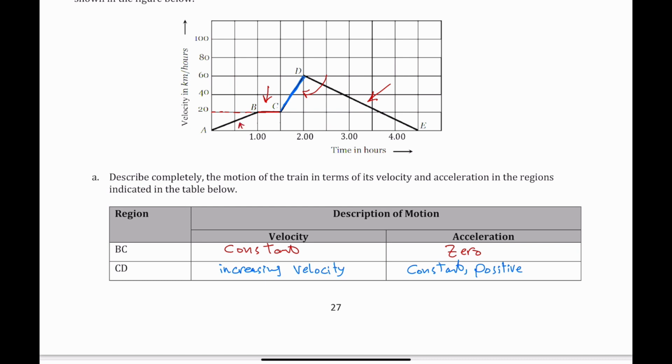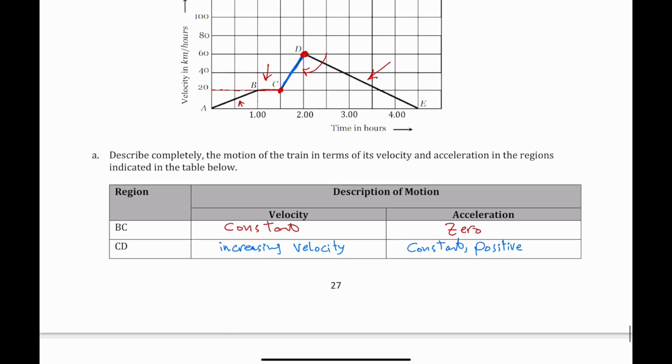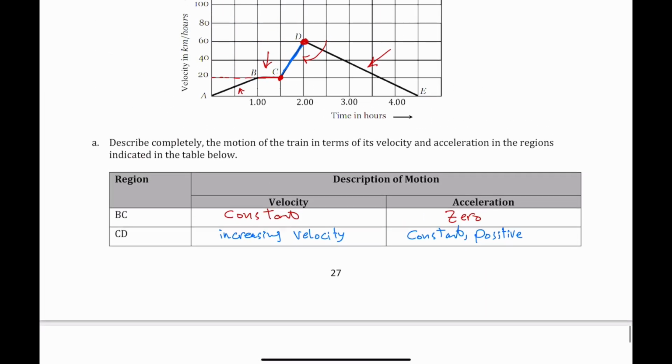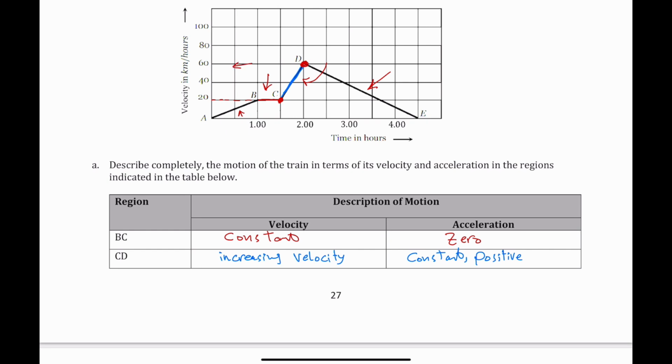not this one. So we can take 2 points, this point and this point, and we calculate the acceleration. So a for CD equals delta V over delta T, which is equal to V final minus V initial over delta T. So it is 60 minus 20 over half an hour.